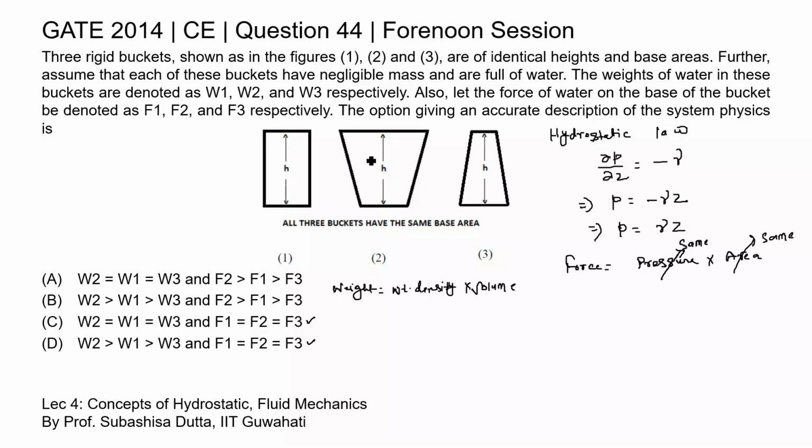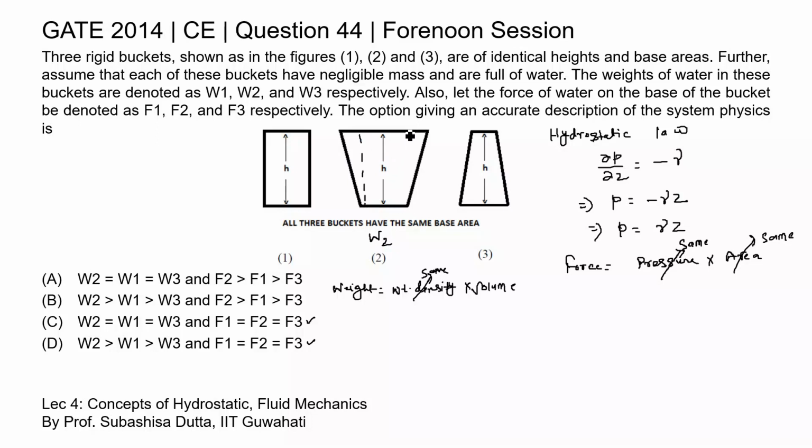Because all these three buckets are filled with water. So, we can say that density is same for all these three buckets. Now, volume. If we see the figures, we can see the volume will be highest for figure 2. So, W2 will be the highest, as we can see easily in the figure.